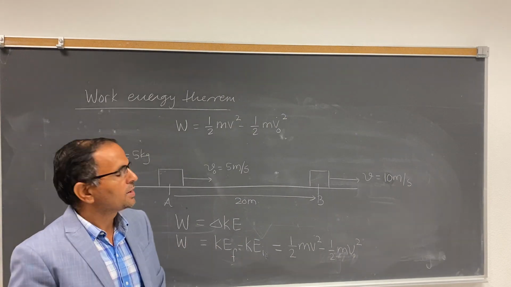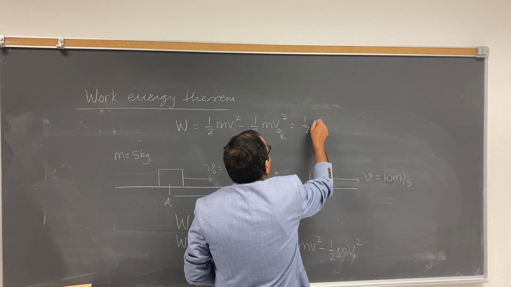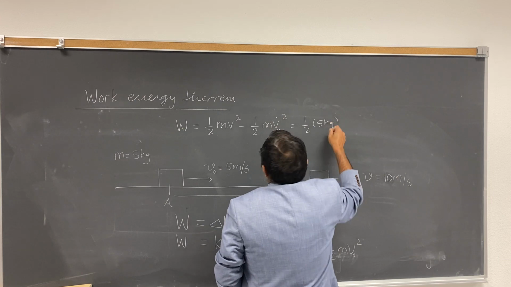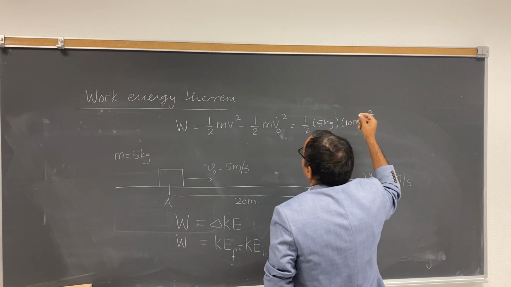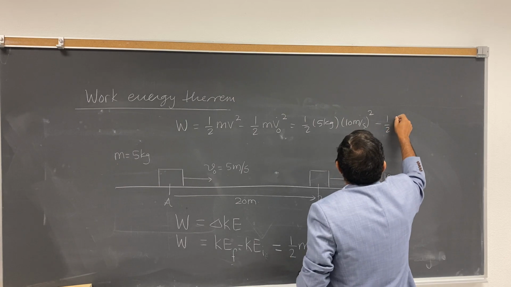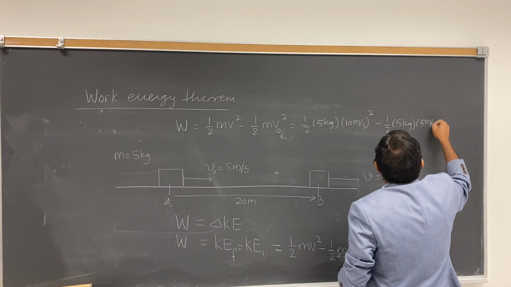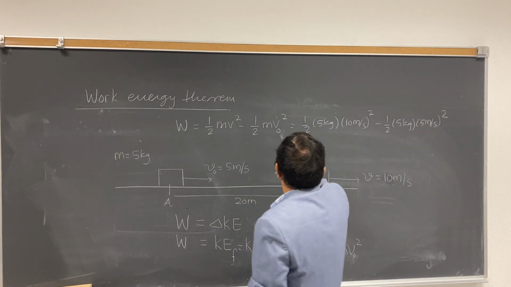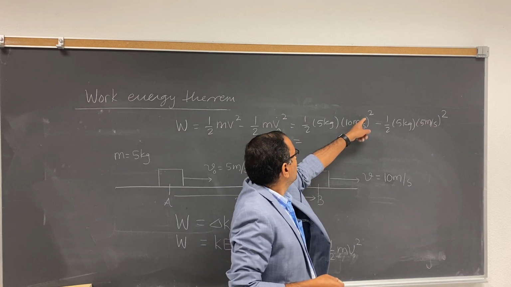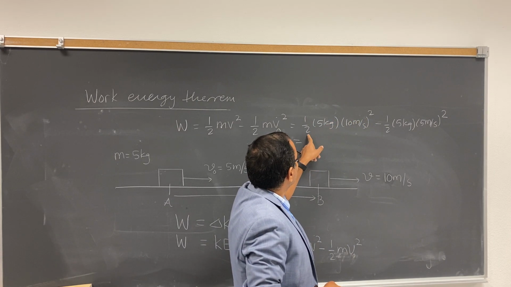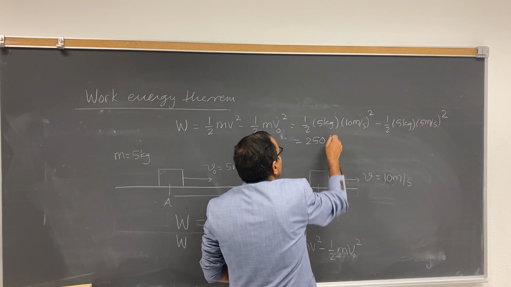You calculate the work done and plug the numbers here like this: 1/2 times 5 kg times the final velocity 10 meters per second squared, minus 1/2 times 5 kg times 5 meters per second squared. 10 squared is 100, divided by 2 times 5, it is I think 250 joule.